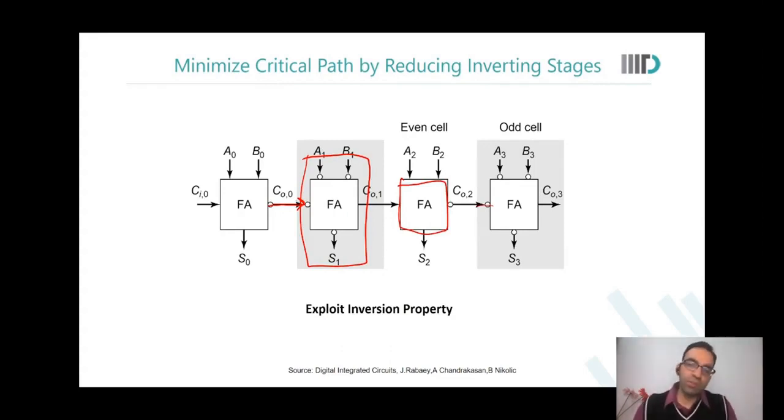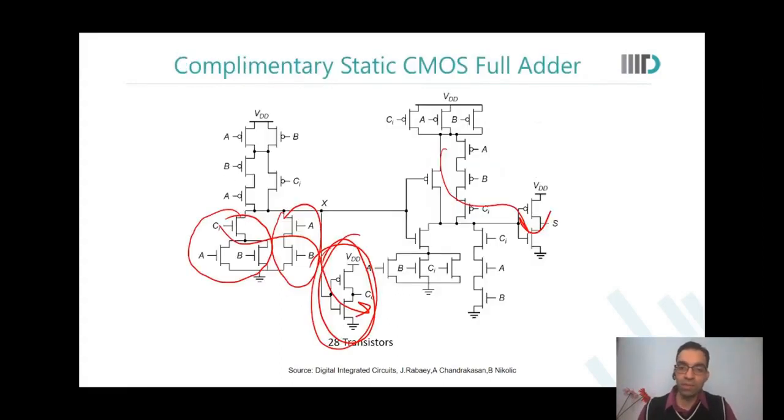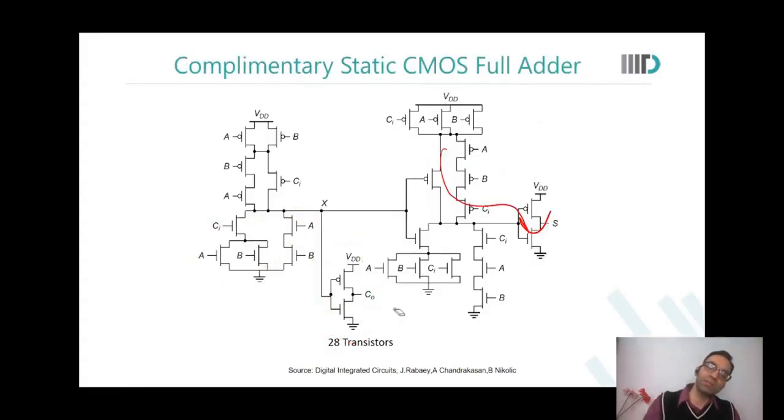So there are two things that are evident: there is a focus on reducing delay, and there is a focus on reducing area also, because this is a large number of devices, 28 transistors. So we want the delay to be less, but we want the number of devices also to be less.